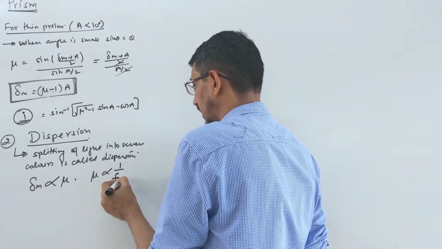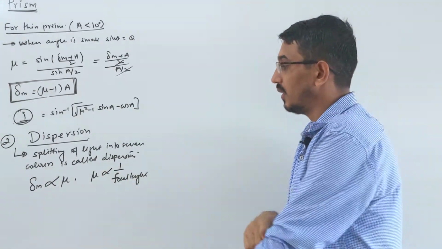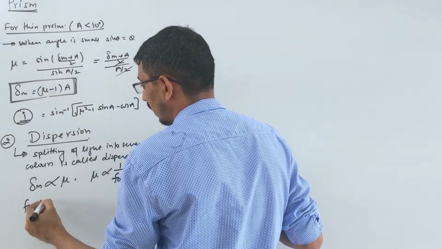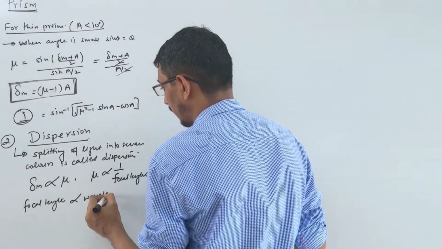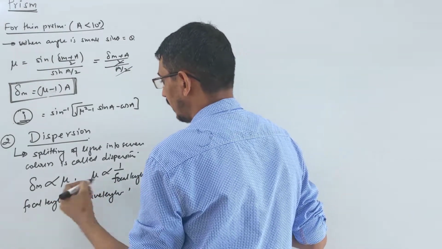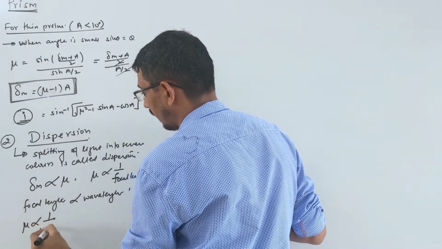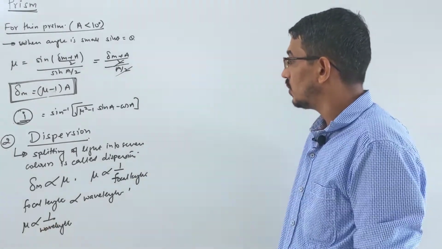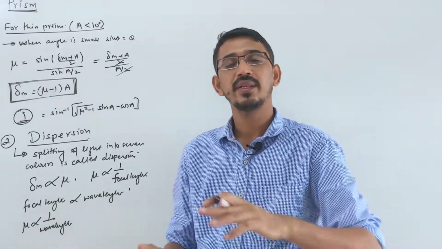And focal length is directly proportional to wavelength. So from here, mu and wavelength are inversely proportional.